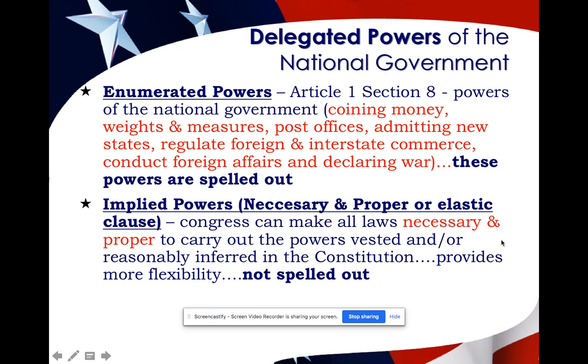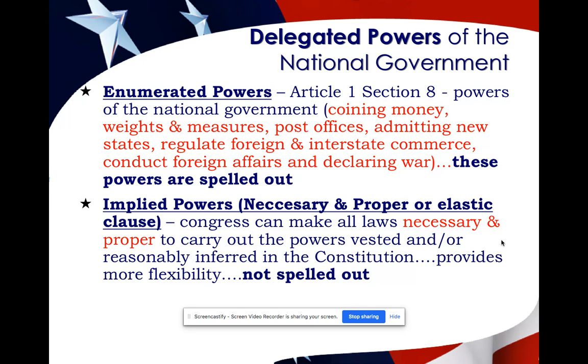powers. The implied powers, these are the ones not specifically spelled out, the necessary and proper clause or the elastic clause, where these are implied powers. Even though it's not spelled out, Congress can make laws that are what are termed necessary and proper to carry out the powers vested or reasonably inferred in the Constitution.